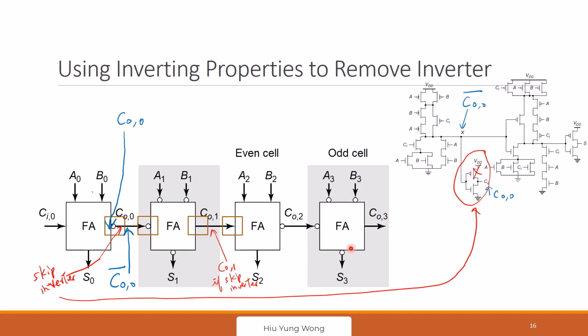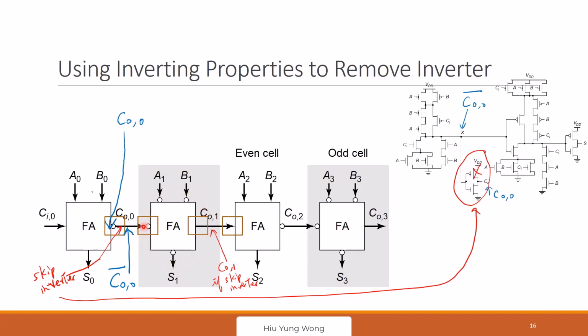Is this clear? A little bit confusing, I know, but think about that. This one is a full adder. The output is supposed to be CO0. But if I add a circle, it means I add another inverter, or it means I remove the inverter, and it becomes CO0 bar, carry out bar. Carry out bar is what we want to feed into this one.